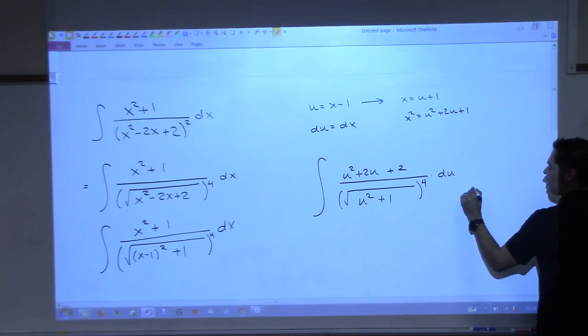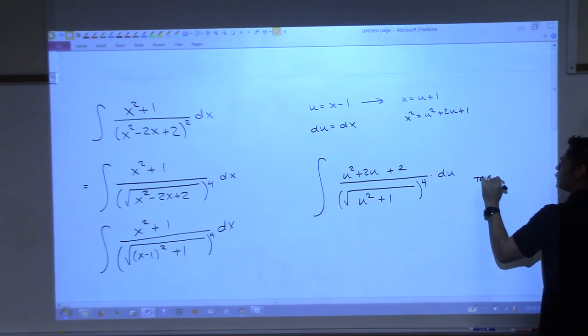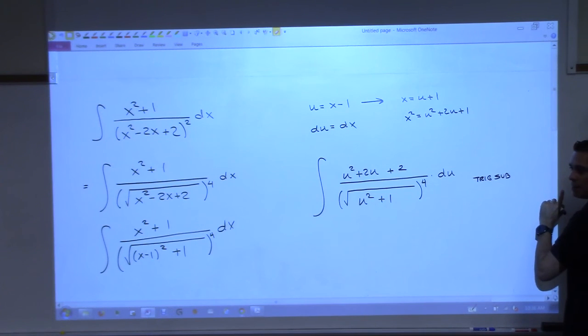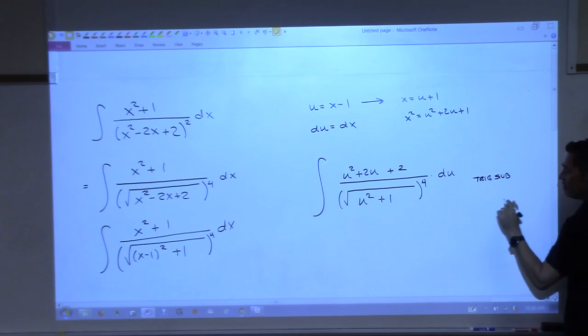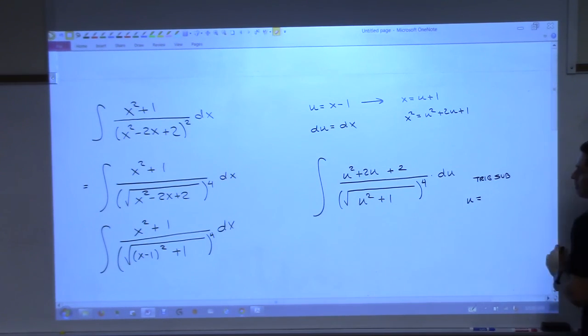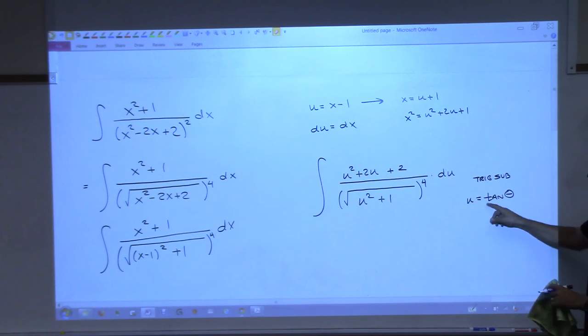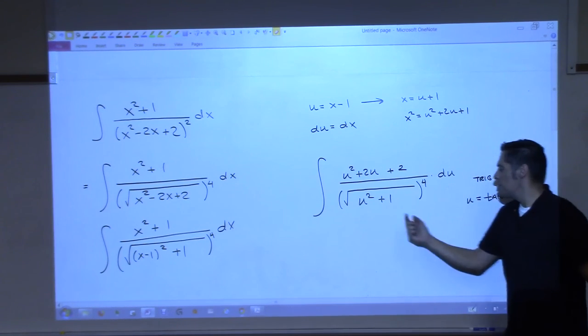Okay, so here we go. The trig sub that I'm going to use here is not x equals, right? Because I'm not using x, I'm using u right now. So u equals tangent theta, just tangent theta. What's a? a is 1, right? Because that's a squared. So a is 1.